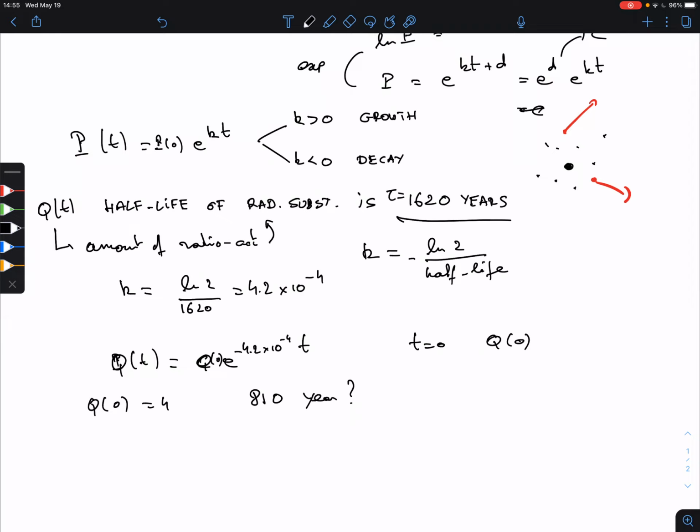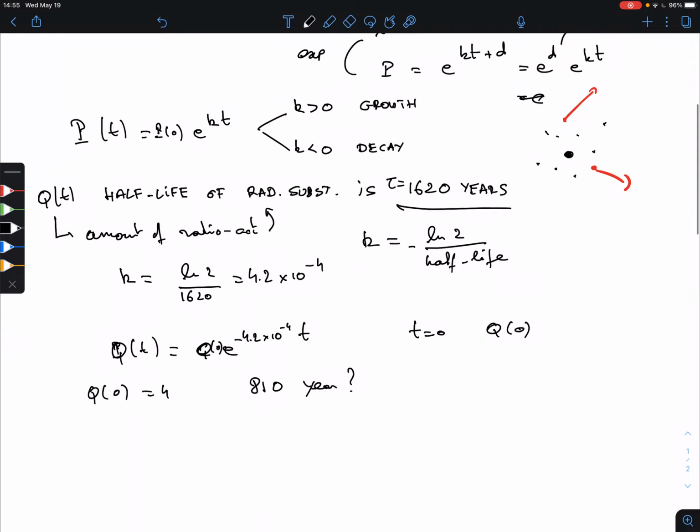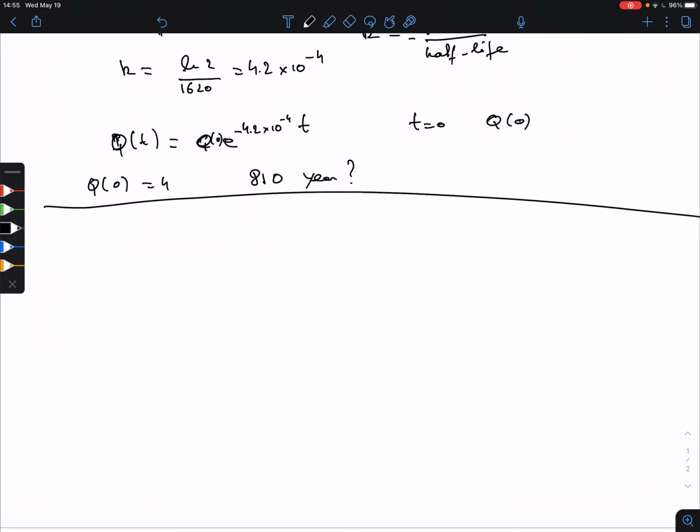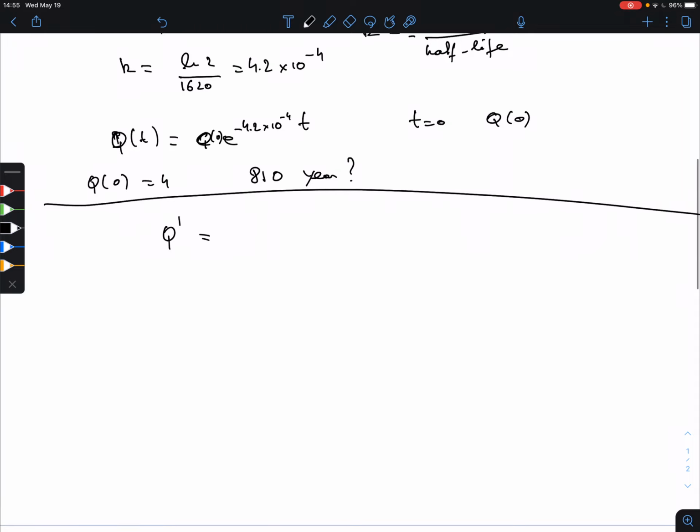One more thing I would like to say is that in some sense this is perhaps a little bit naive, because as I said, we are also creating it. So a more realistic model would be that the rate at which these radioactive isotopes change is the rate of increase minus the rate of decrease.